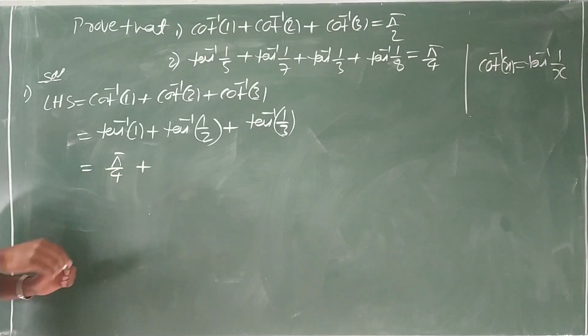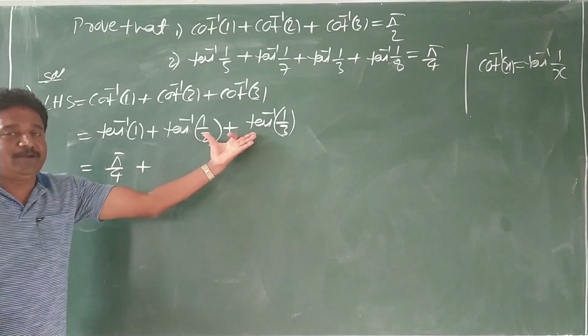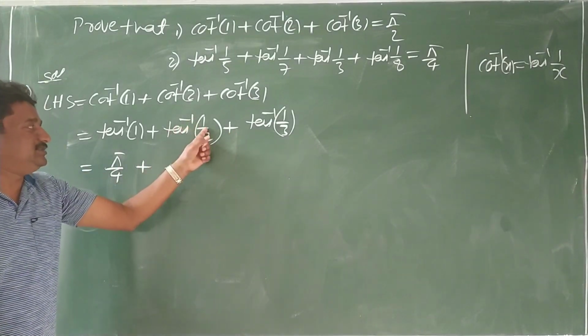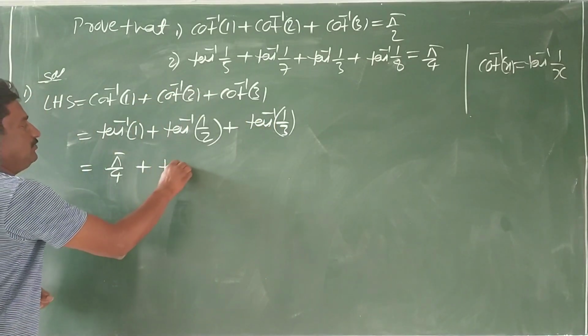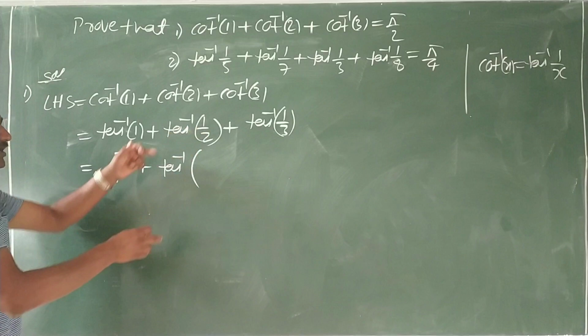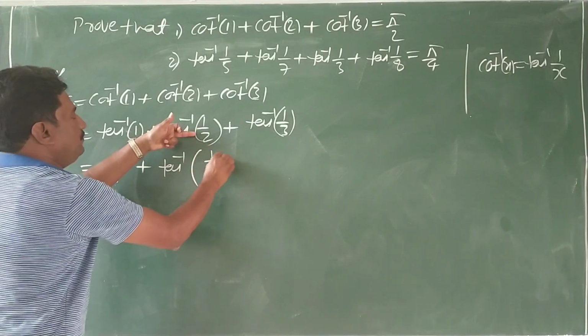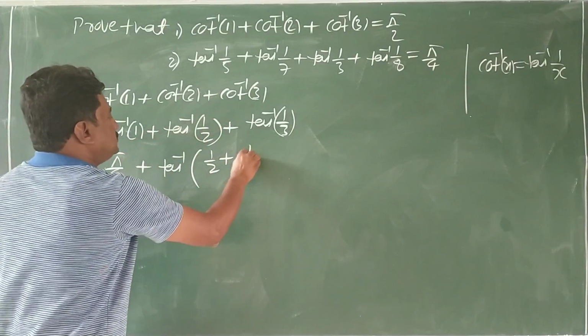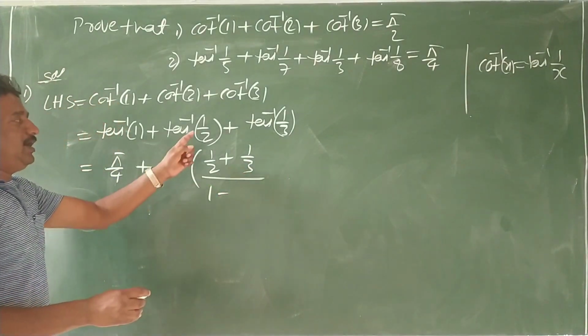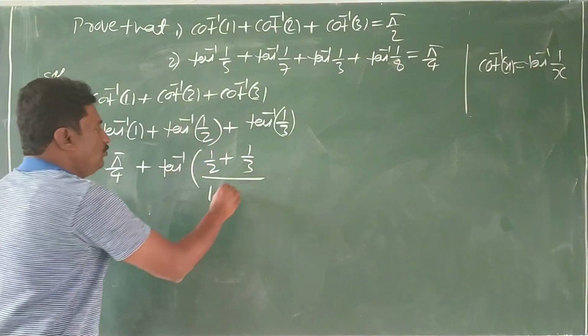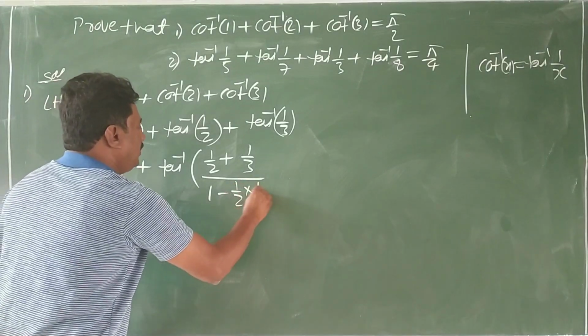It is enough if I apply the formula for these two, carrying the first term as pi by 4. Tan inverse x plus tan inverse y, tell me that formula. Tan inverse of x plus y, where x is 1 by 2 and y is 1 by 3, divided by 1 minus x into y, 1 by 2 into 1 by 3.